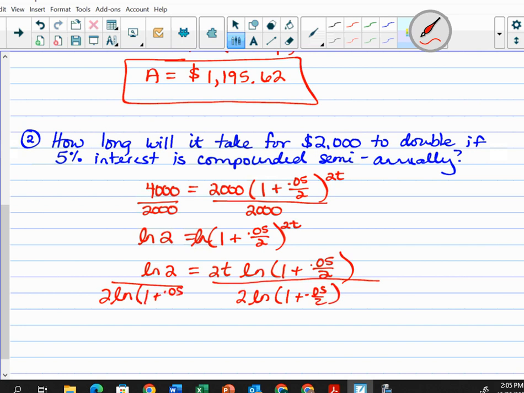All that you have left over here then is t. So you just need to key that big mess into your calculator. So we'll have a calculator on the test, or I'll just ask you to set it up.